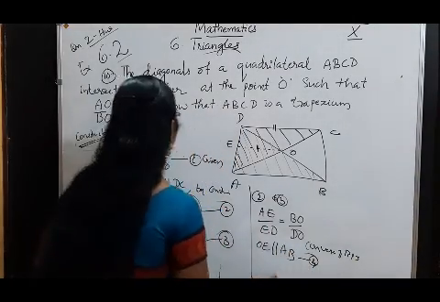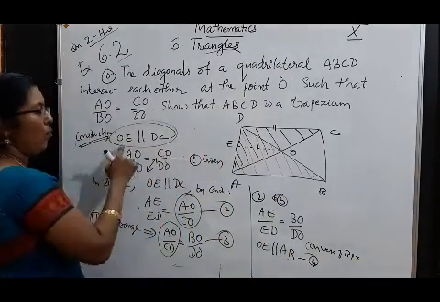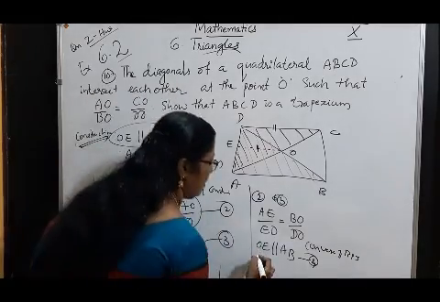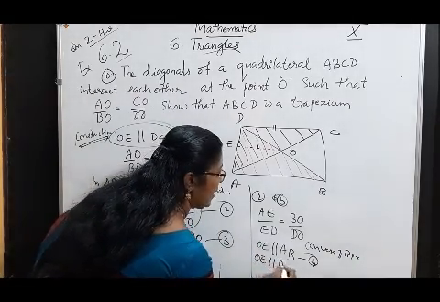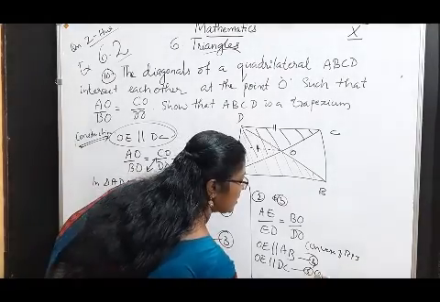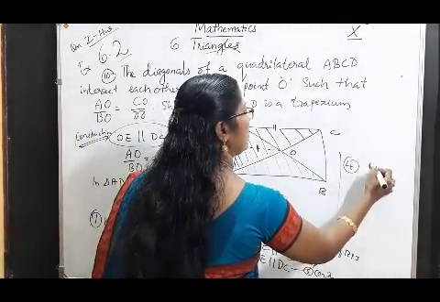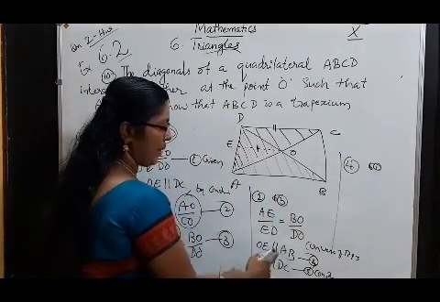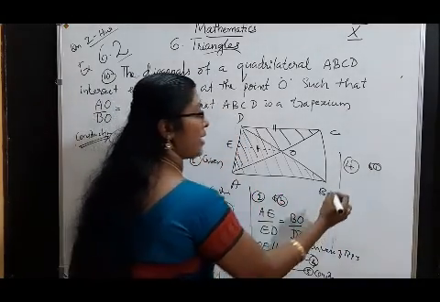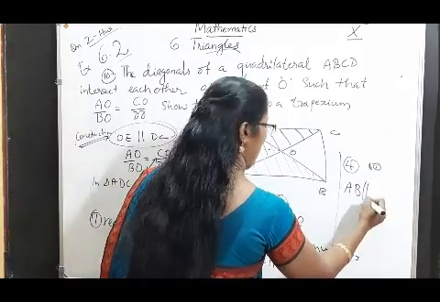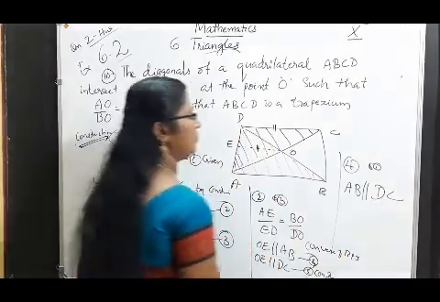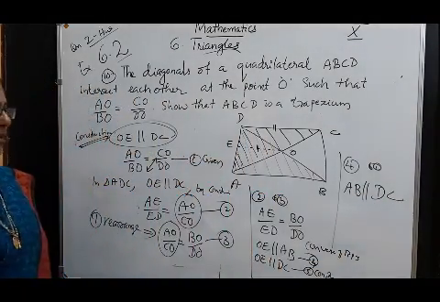And what is given? By construction, OE parallel DC. OE parallel DC, that is 5, construction. From 4 and 5, OE parallel AB and OE parallel DC, we can conclude AB parallel DC. AB and DC are parallel.